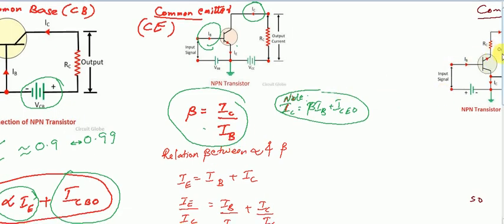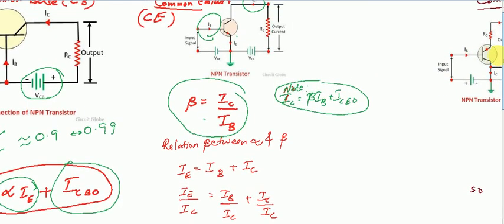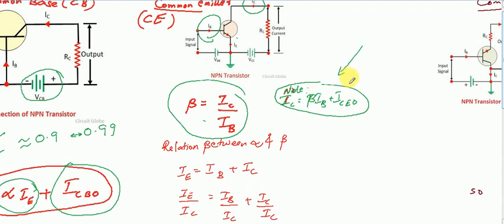One more thing here also, the collector current is actually a combination of the current originating from emitter along with the current due to minority carriers present in the collector. As in the previous case, the total collector current will be the current originating from emitter plus the current due to minority carriers present in the collector region.